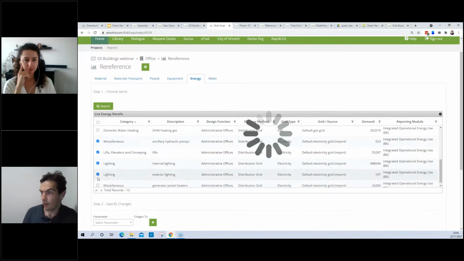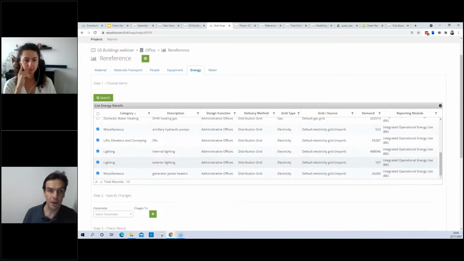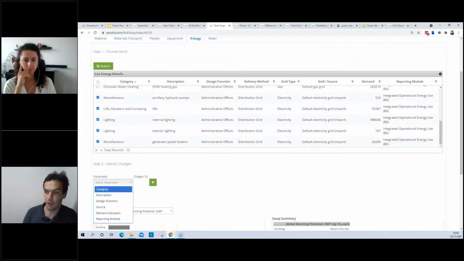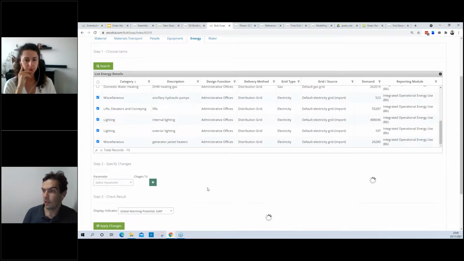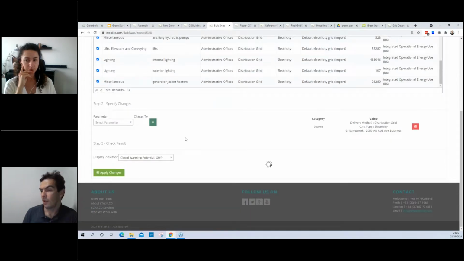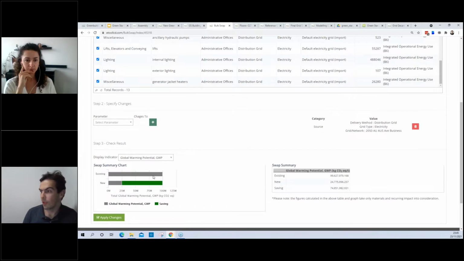You select the parameter, you're changing the source. So you're changing the electricity grid to the 2050 business. So this is creating that decarbonized scenario, and you can see the savings just by moving the grid.